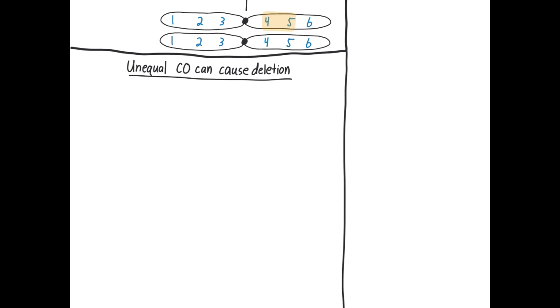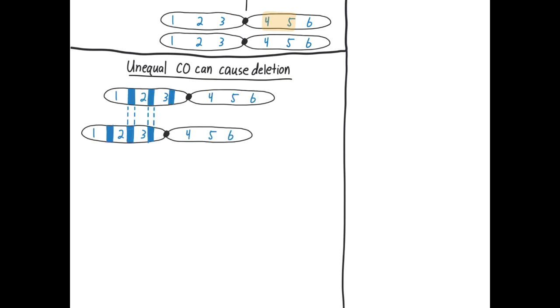Let's say our two homologous chromosomes misalign, like this, which again occurs because repetitive sequences at these points can align in multiple ways. If unequal crossing over occurs, one chromosome will be 1, 2, 3, 3, centromere, 4, 5, 6.